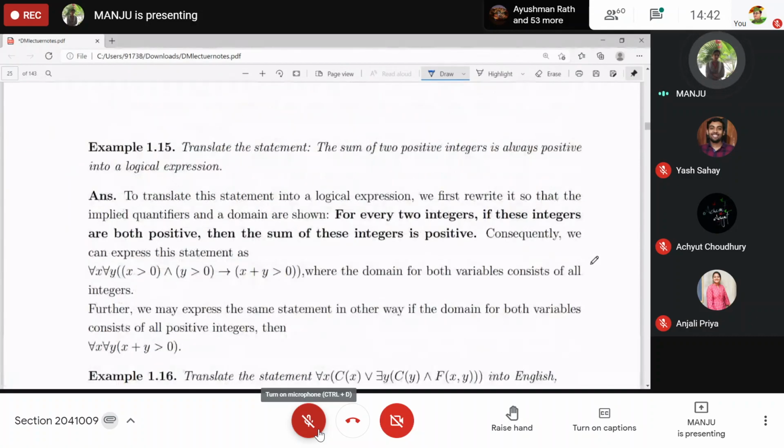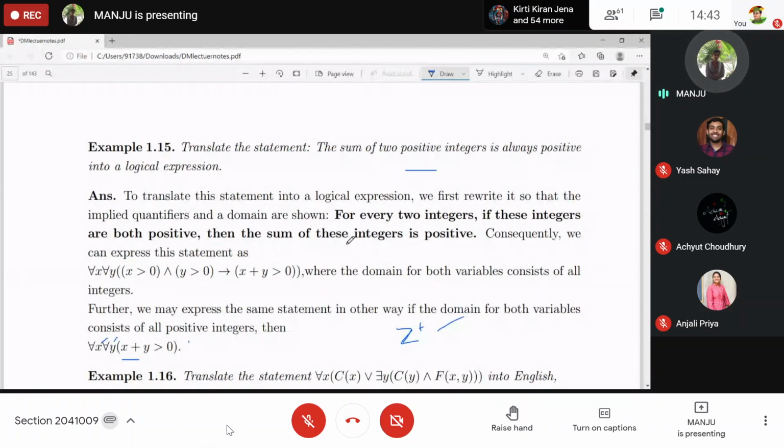Then we did translation. Sum of two positive integers is always positive. Here you need to define the domain first. On the basis of the domain only, the logical expression will vary. If you define the domain as positive integers, that is Z plus, then your logical expression will be: you want x and y to be two positive integers, so for all x, for all y, x plus y is positive.